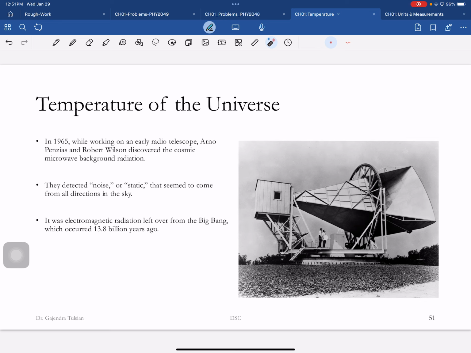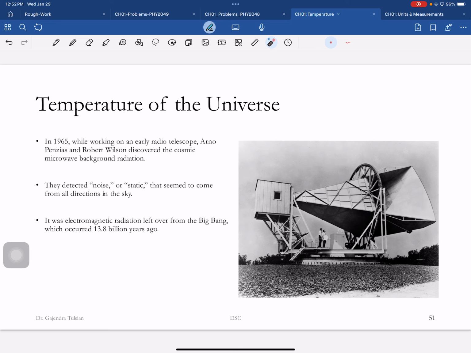These guys at Princeton University in 1965, this is a radio telescope. They were looking for radio sources, and they found that no matter which way they pointed the telescope, they were getting a noise or static, a steady signal.